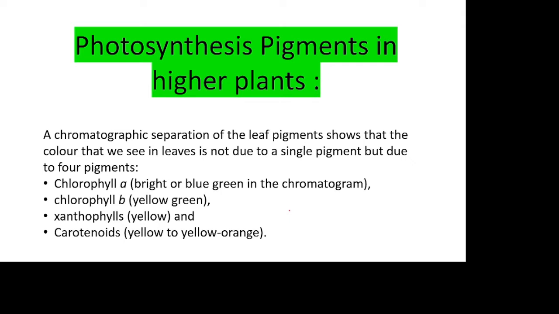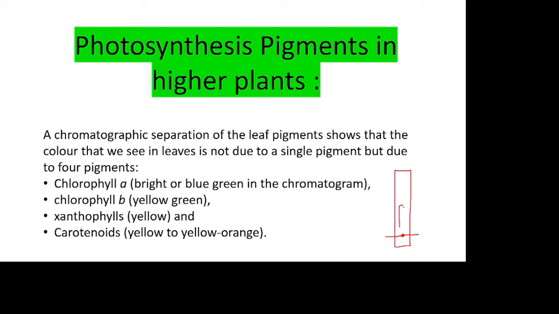Now photosynthesis is possible only because of pigments called photosynthetic pigments. There are four major types of pigments involved in photosynthesis, and we can observe these photosynthetic pigments when we do paper chromatography, where we put a spot of the chlorophyll pigment that we have obtained from crushing the green leaves with an organic solvent like acetone and ether.